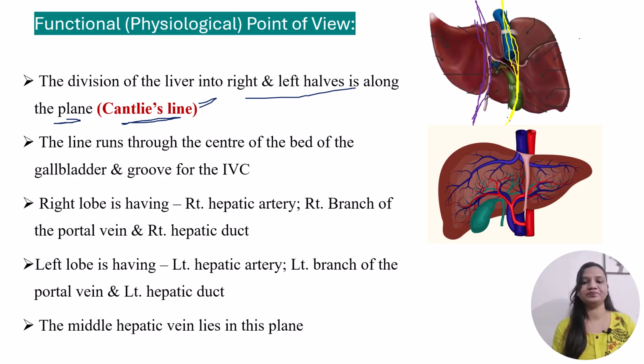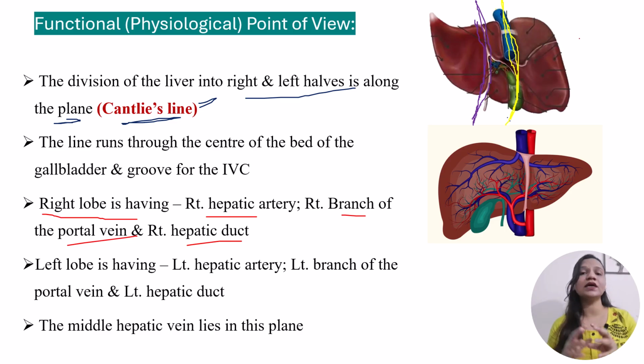The arrangement is such that the right lobe of the liver has the right hepatic artery, right branch of portal vein and hepatic duct.